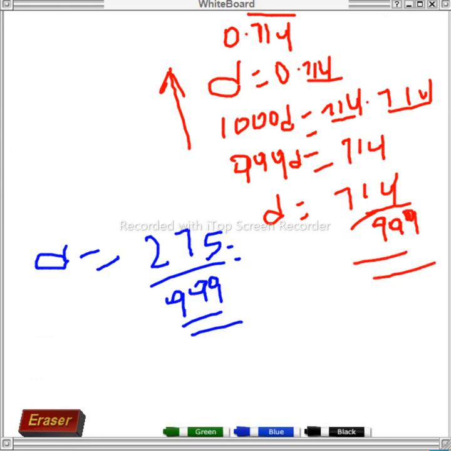This is the fraction, and this is the first decimal number after changing it to a fraction. This is the second number. So now we can add this and this.